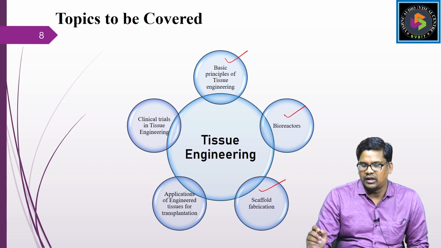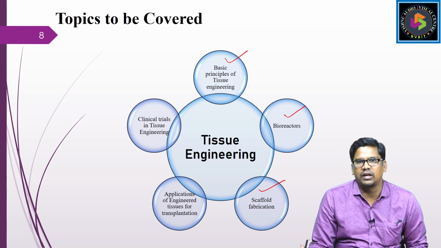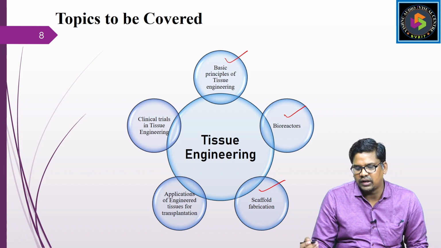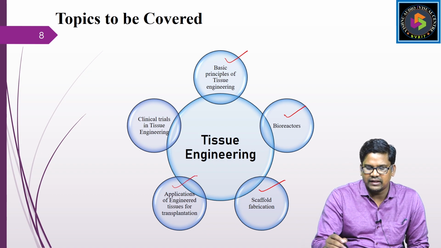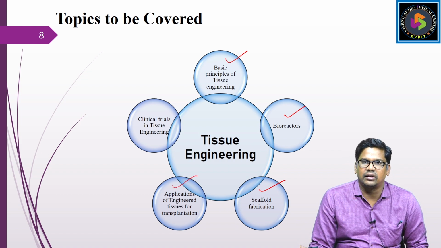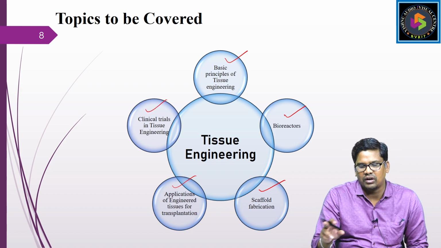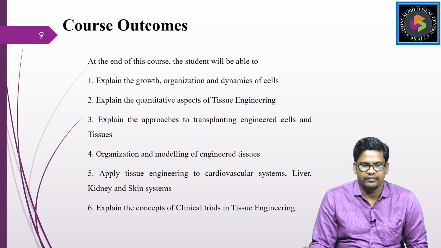Then we see scaffold fabrication: what a scaffold is and the various techniques to fabricate it, and what kind of software or procedure we'll use for fabrication will be discussed. Then we'll see the applications of tissue engineering in engineering and transportation. Then we talk about clinical trials in tissue engineering. So these are all covered during this course.